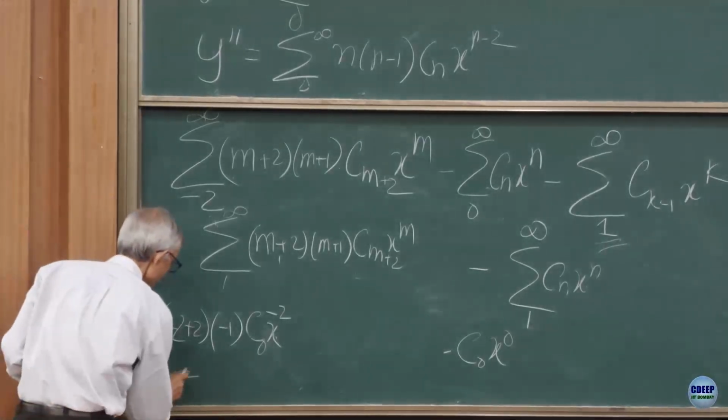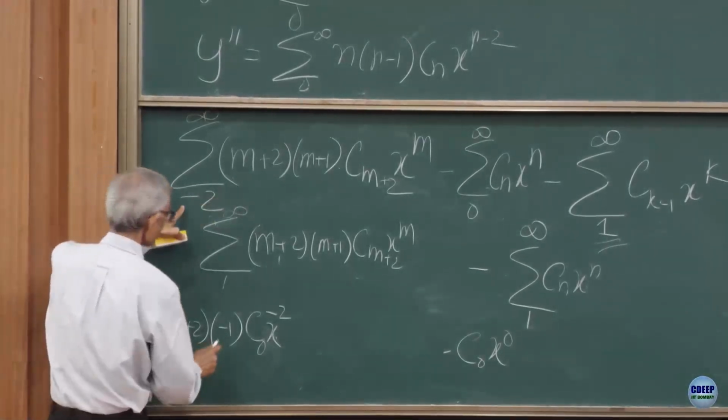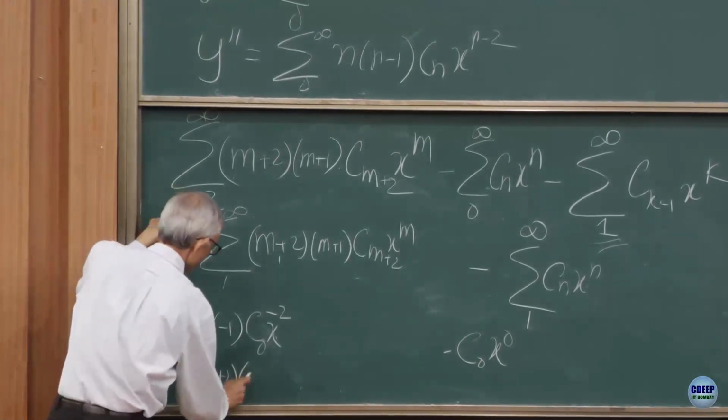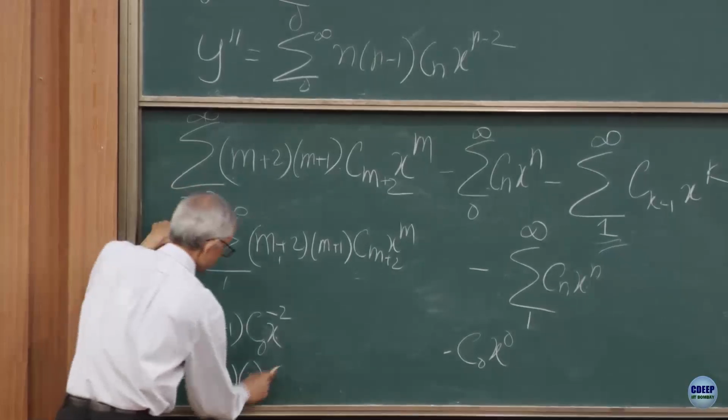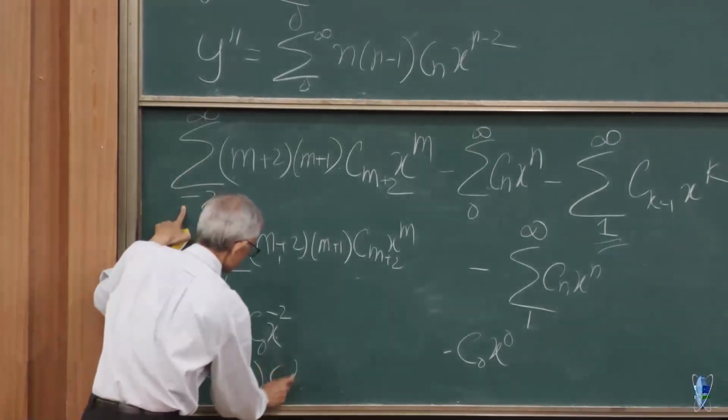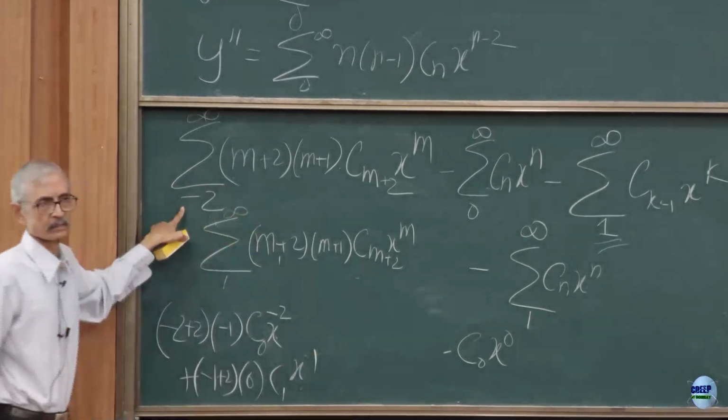And then I have got plus another term, which is minus 1 plus 2, minus 1 plus 1, and then this is c1, right, x to the power of minus 1.